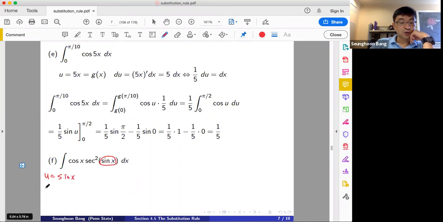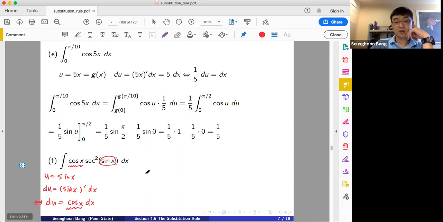Why is this true? You can find du. The du is sine of x prime dx. So we have du equals positive cosine x dx. We have cosine x in the integrand.